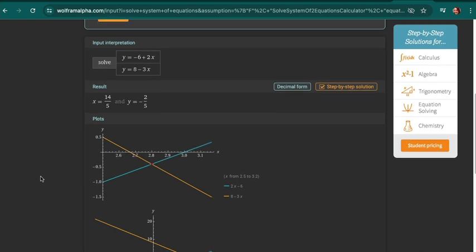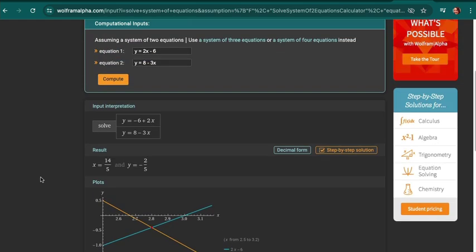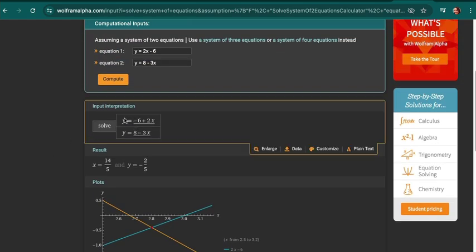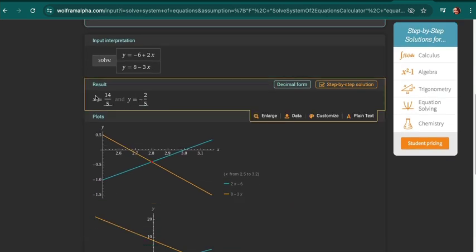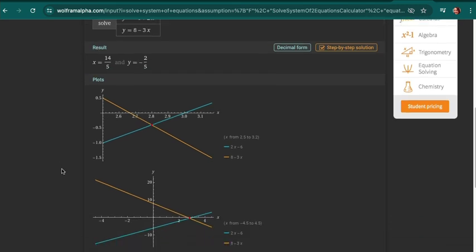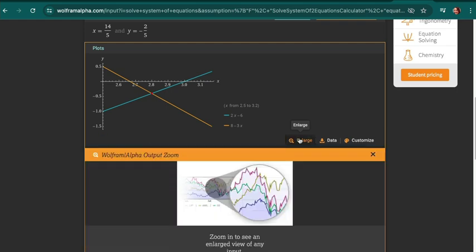Okay, so Wolfram Alpha is pretty cool because it gives you the system that you're solving, and then it tells you what the result is. So here's your solution right here where it says result, but it also shows you what the graph actually looked like.